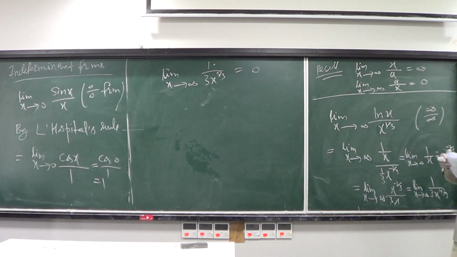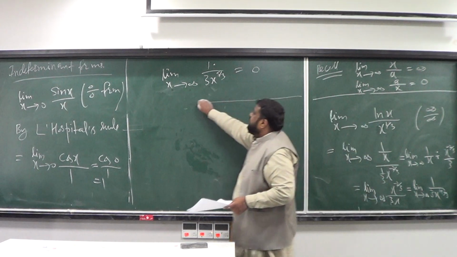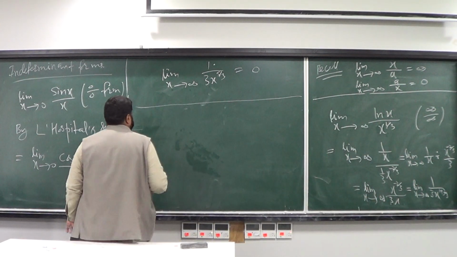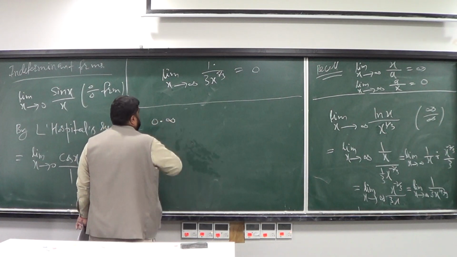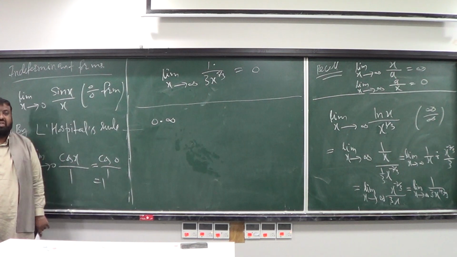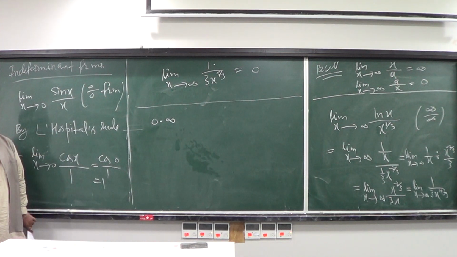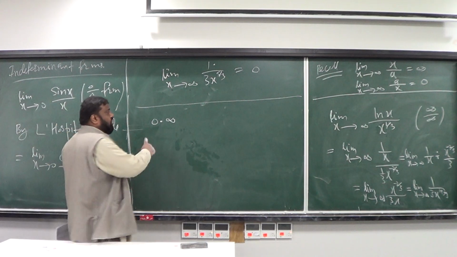Now let's move towards some more indeterminate forms. So imagine I have 0 times infinity, something that is multiplied by 0 by infinity. So this is also an indeterminate form.